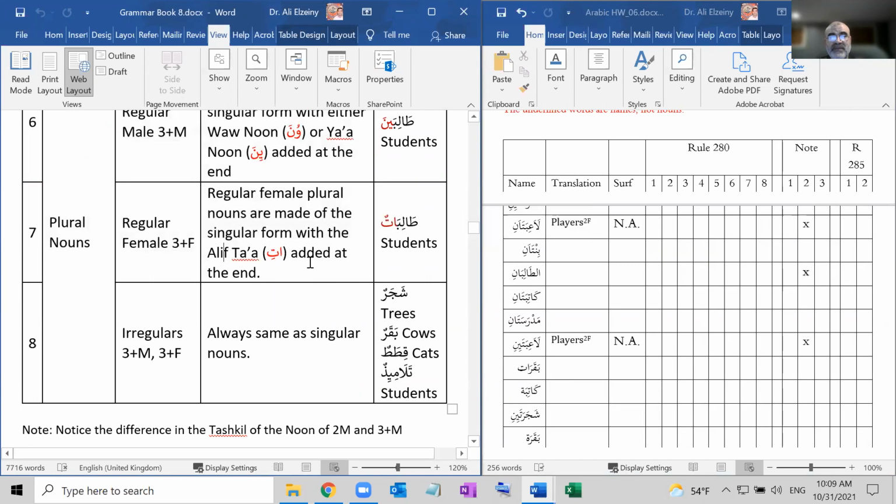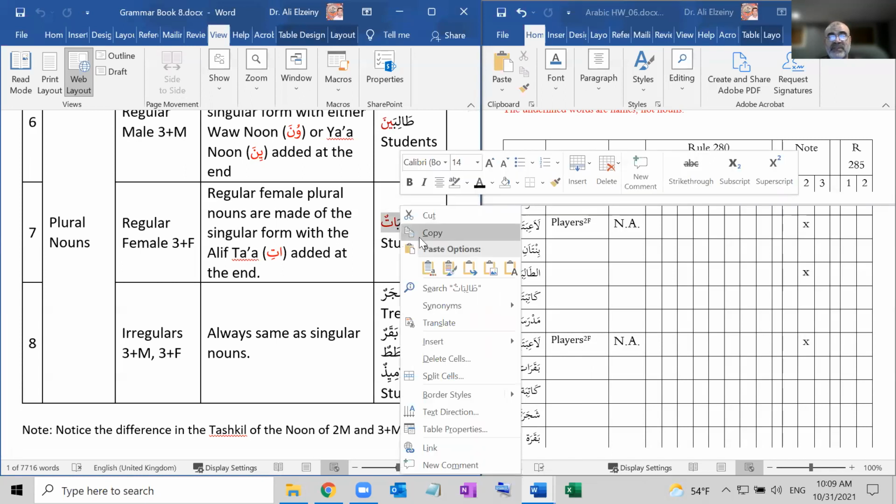Okay. So Talibat, singular, regular female plural, and you take it to Google Translator.